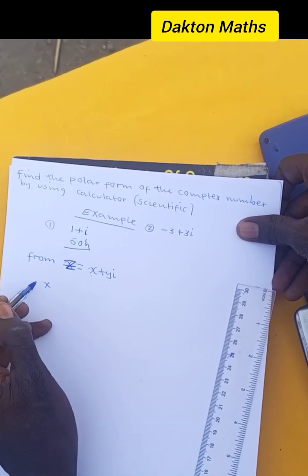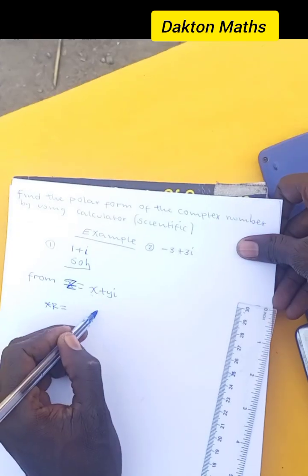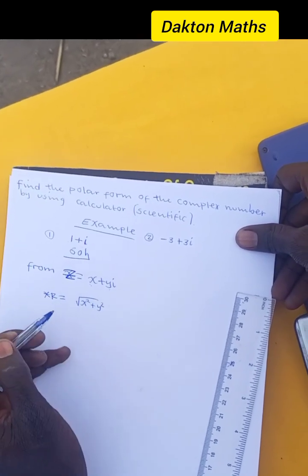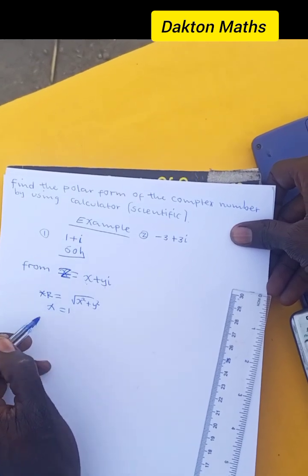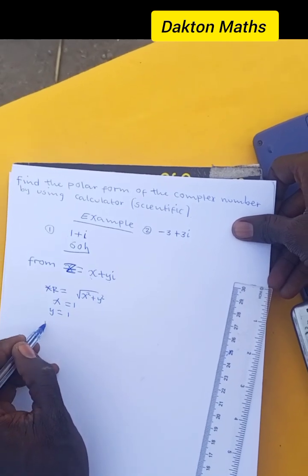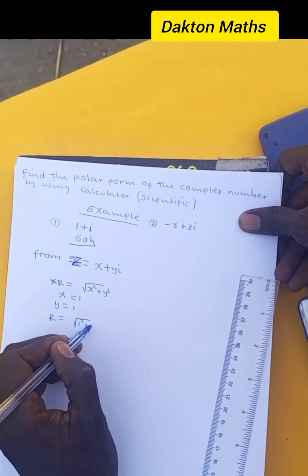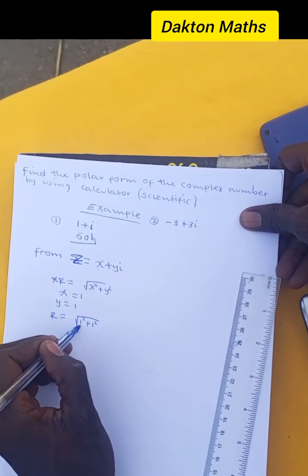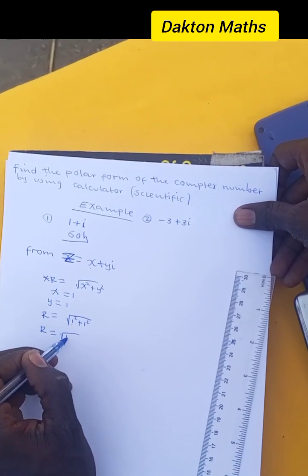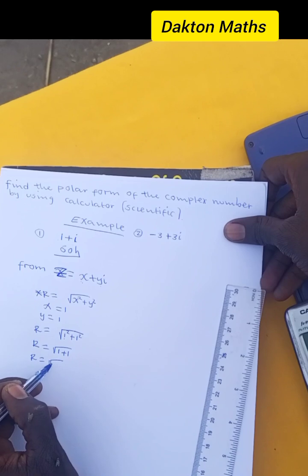Now for the radius, if you are looking for r, r is equal to root of x squared plus y squared, where x is equal to 1 and y is equal to 1. You substitute, you have r is equal to root of 1 squared plus 1 squared. 1 squared means 1, which is the same as 1 plus 1, and 1 plus 1 is 2. r is equal to root of 2.